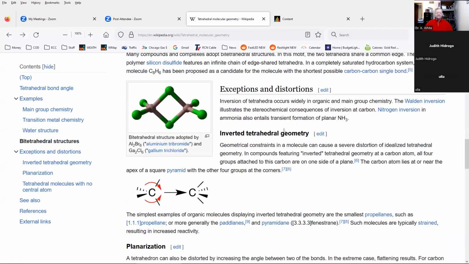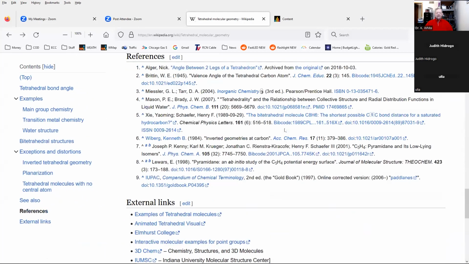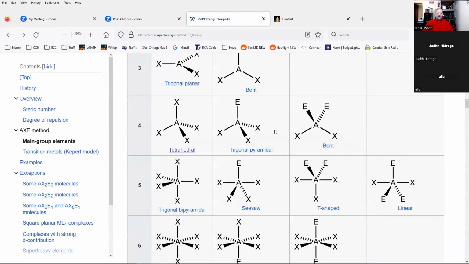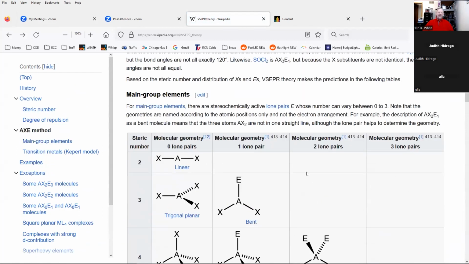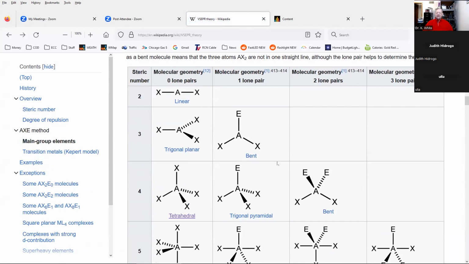Now, for water, first of all, let me go back one, you need to find out how many non-bonding pairs of electrons and how many atoms are in water. I'll give you a hint.